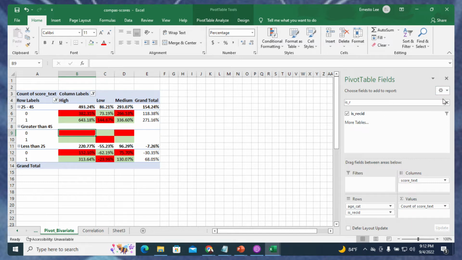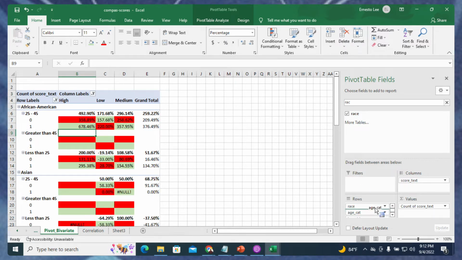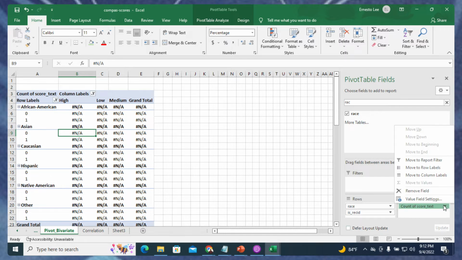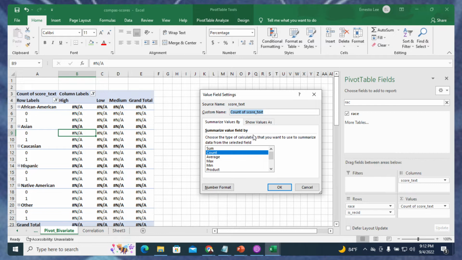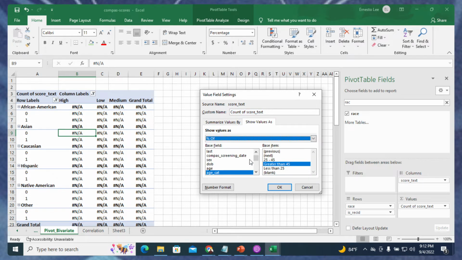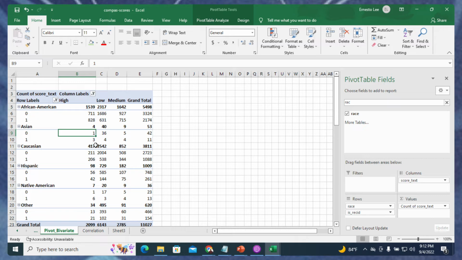We did age category. You take this data, if you look at this data with respect to race, for instance. Let me go back here. That percent difference from, no calculation. No calculation is what I'm trying to do. There you go.